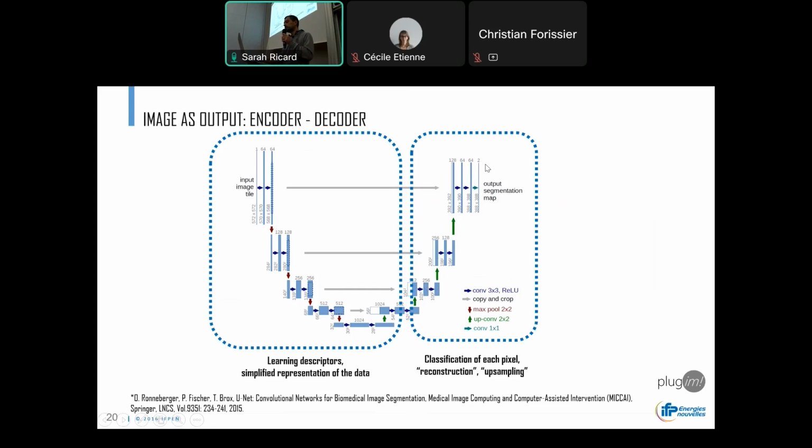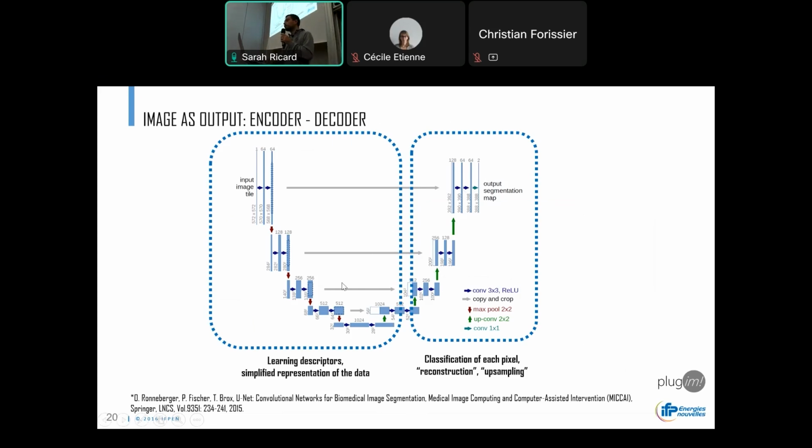Okay, what is specific to UNet is that you can see here, it's a gray arrow. So the idea is to take some information from the encoder and put it directly in the decoder. Here you take the result and you put it in the output.